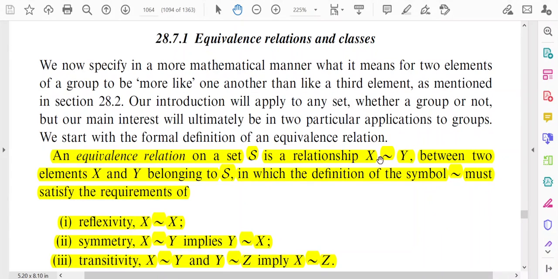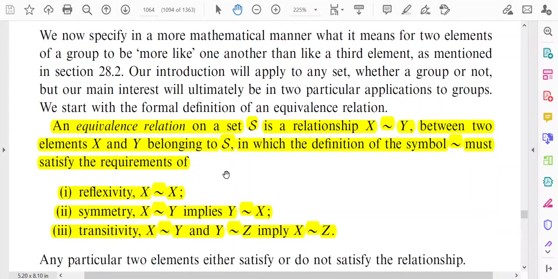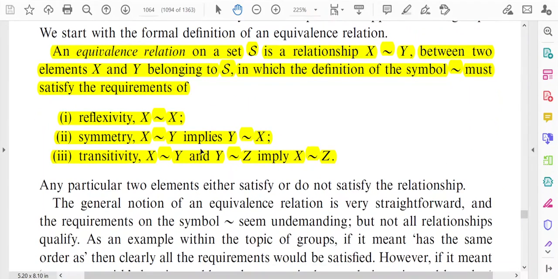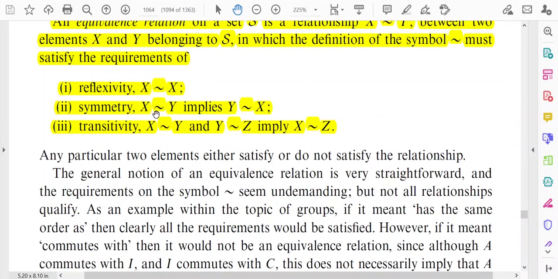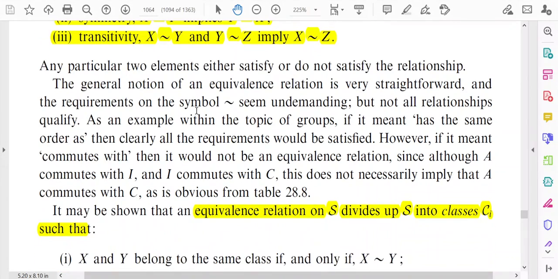The equivalence relation is written in this way: x is equivalent to y, where x and y are elements which belong to S. It obeys some properties: reflexivity, x is equivalent to x; symmetry, x equivalent to y implies y is equivalent to x; and transitivity, x is equivalent to y and y is equivalent to z implies x is equivalent to z. So, these properties hold for an equivalence relation.